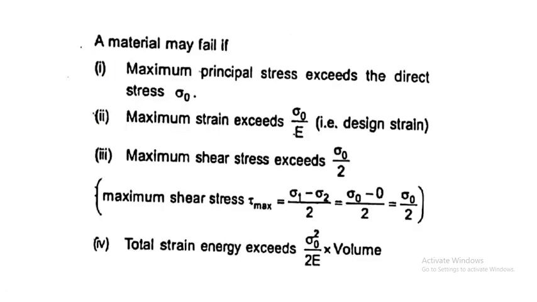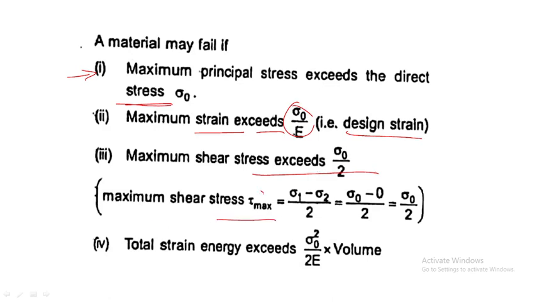How? So a material may fail if the maximum principal stress exceeds the direct stress. So it should not exceed. Maximum shear strain exceeds this one, normal stress by E, the design strain. Maximum shear stress exceeds this one. So what is the maximum shear stress?